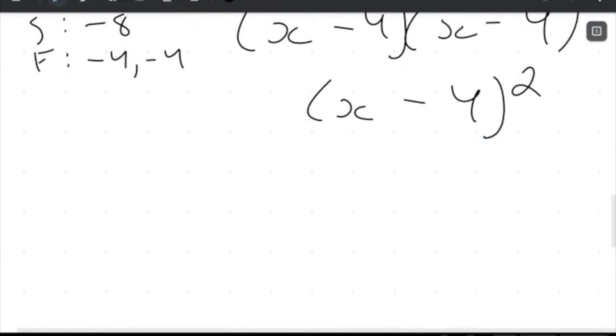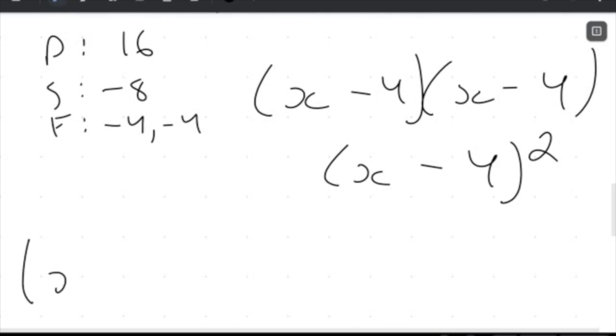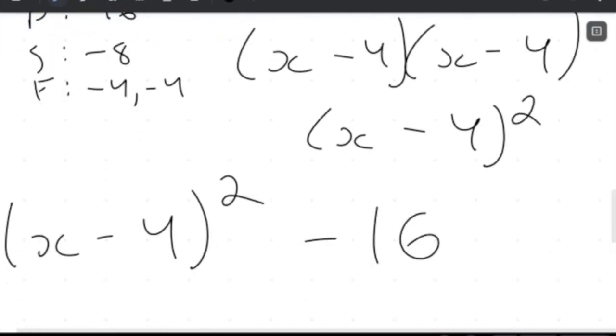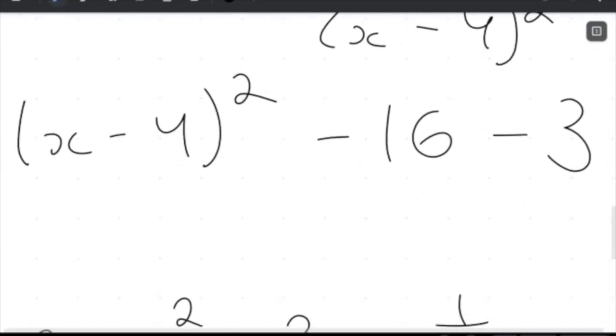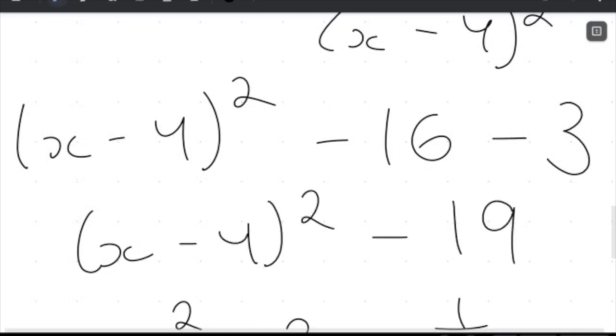Okay, so we're almost done here. Now I can write in for my perfect square, x minus 4 all squared, and I have minus 16 minus 3. And instead of minus 16 minus 3, I can write this as x minus 4 squared minus 19.